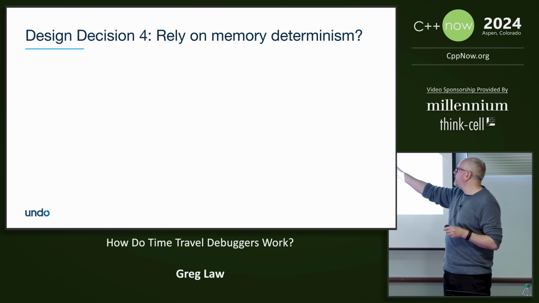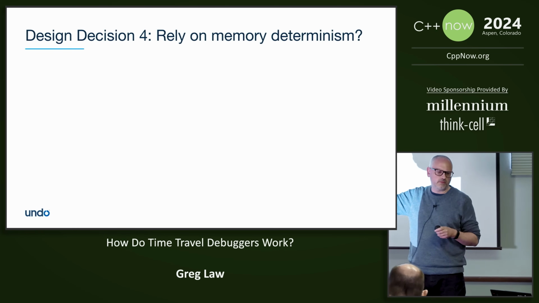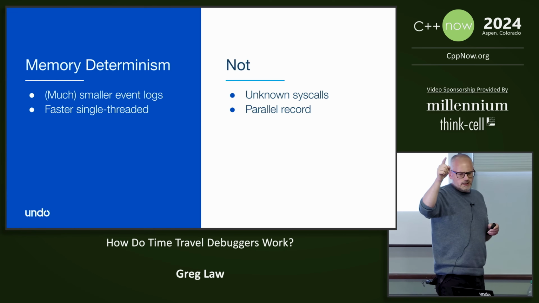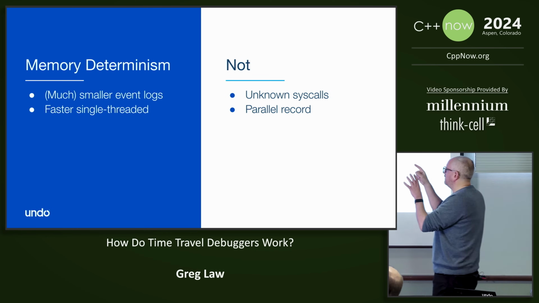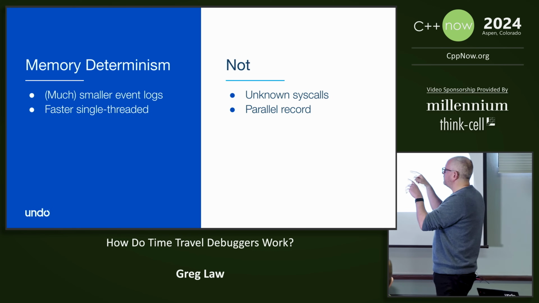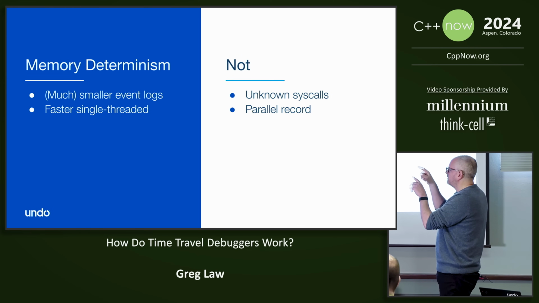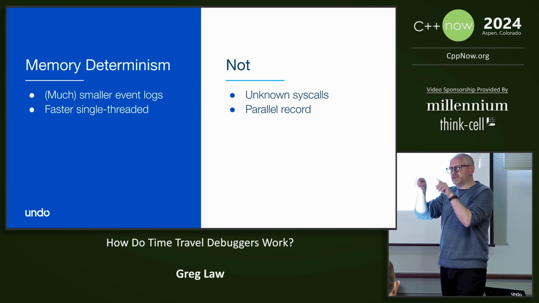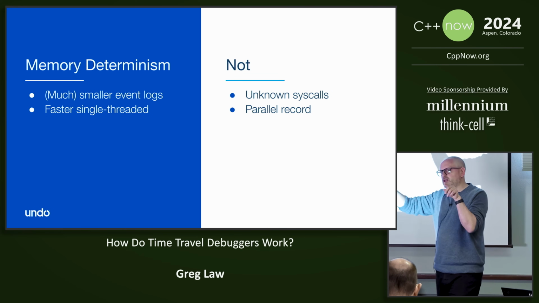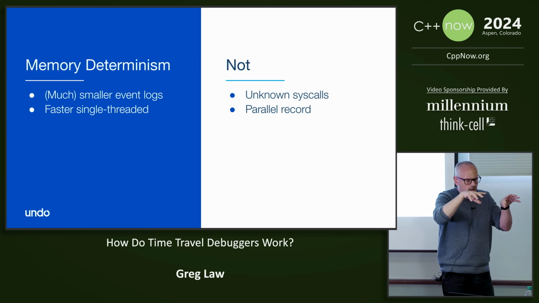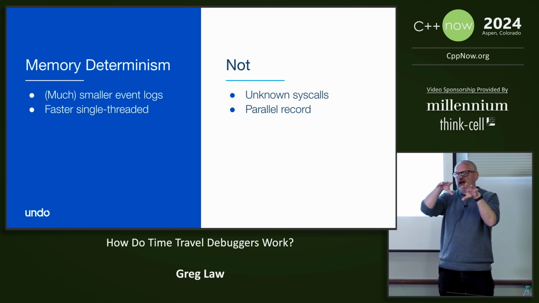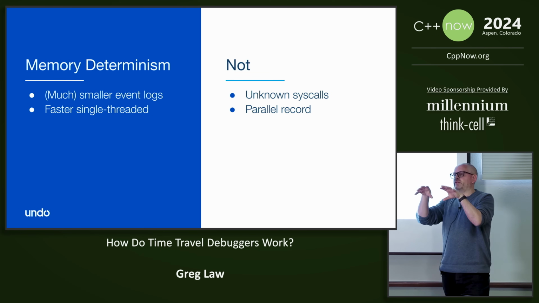Decision 4 is whether we're going to rely on memory determinism completely. This is the difference between Undo and RR, which are quite similar here, and TTD, which is different. Undo is kind of in the middle of the two, actually. With RR, it just assumes that all the memory is deterministic, right?